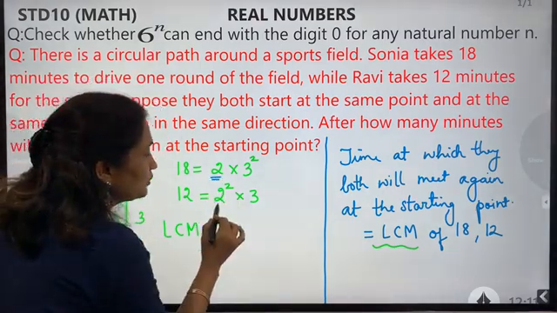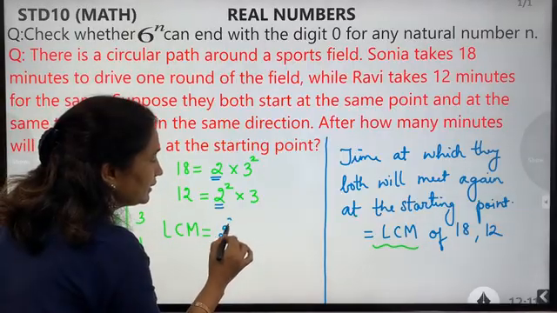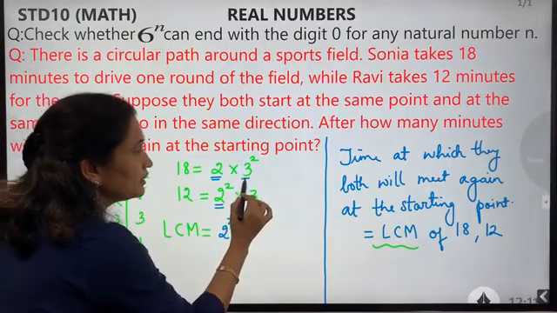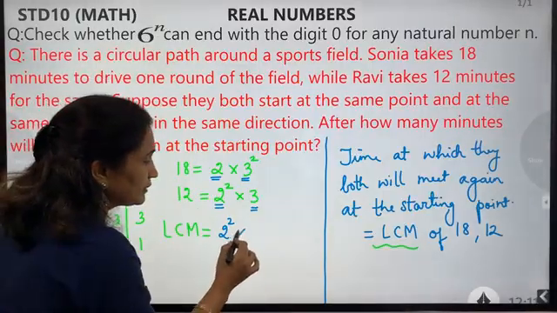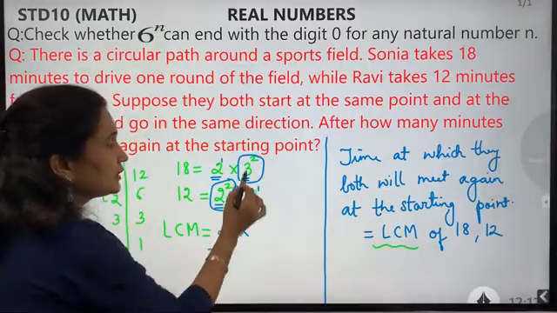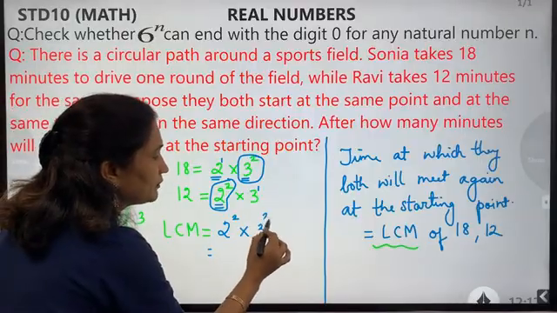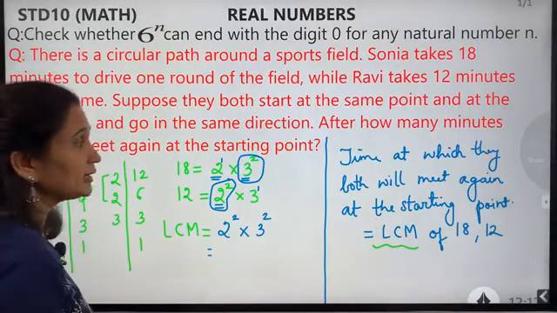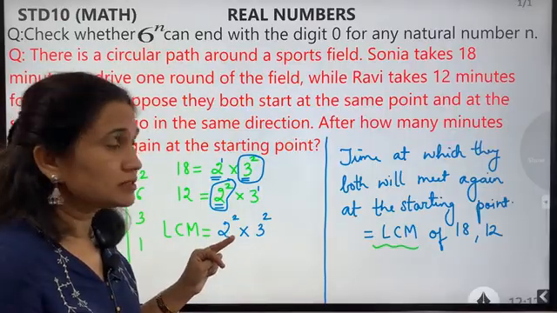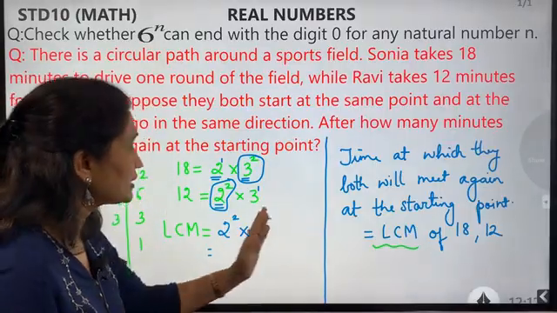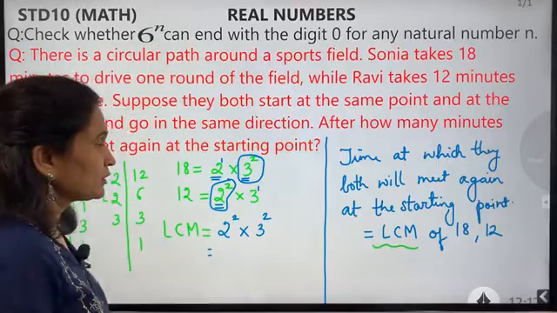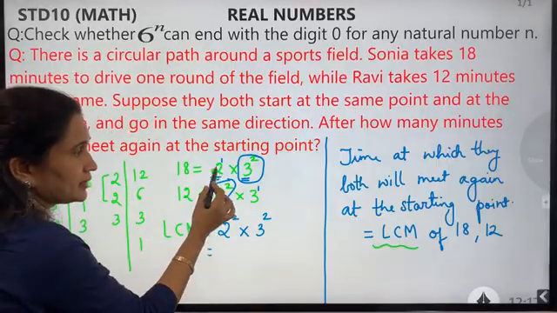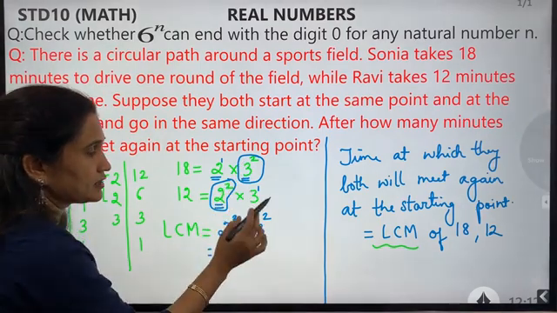So 2 is here, 2 is here, but we take only the greatest power, that is this one. 3 is also here, 3 is also here, and the greatest power of 3 is 3 to the power 2. So don't forget, we take all the factors, but for the ones which are common, we take only their greatest power. So 2's greatest power is 2, and for 3 the greatest power is 2.